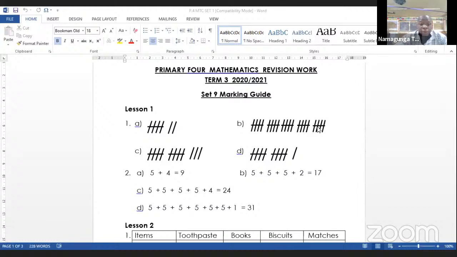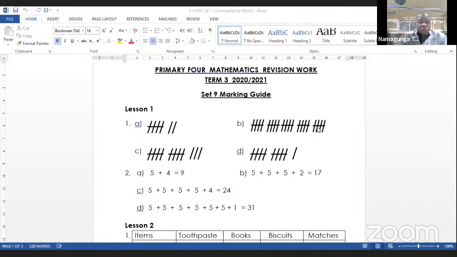The last number on part number 2 was 31. The bundles there are supposed to be 6 bundles and 1 stick added. So one can say 5 plus 5 plus 5 plus 5 plus 1. And then you get 31. That ends number 2.